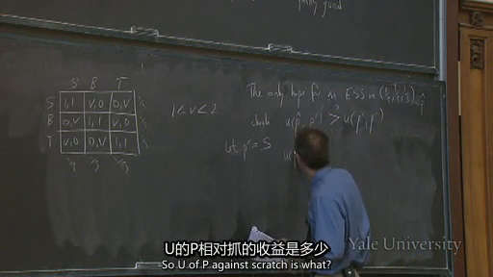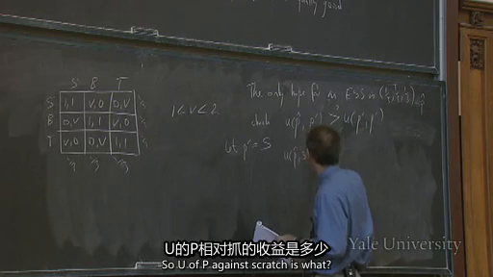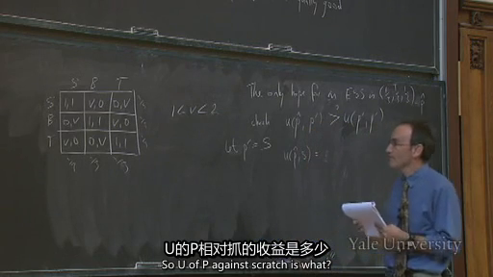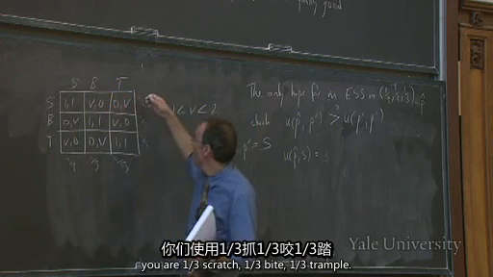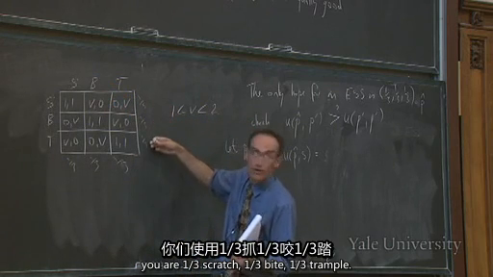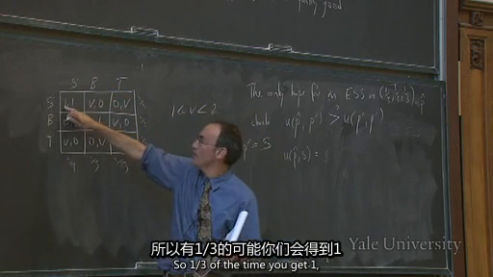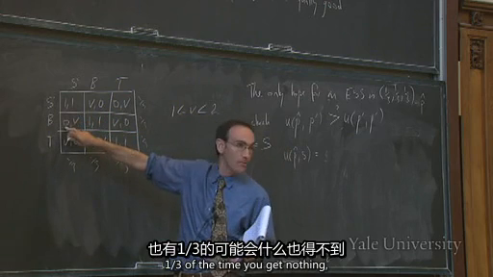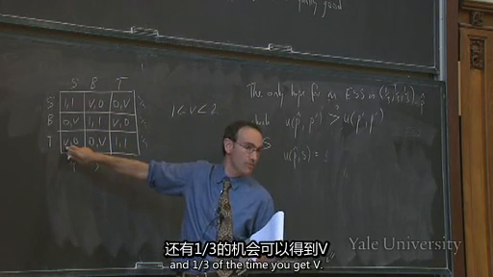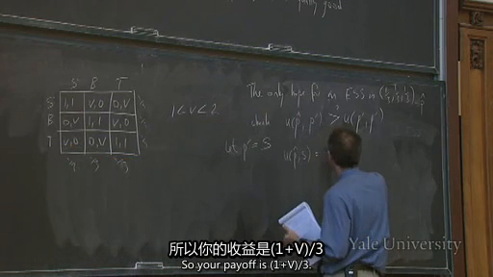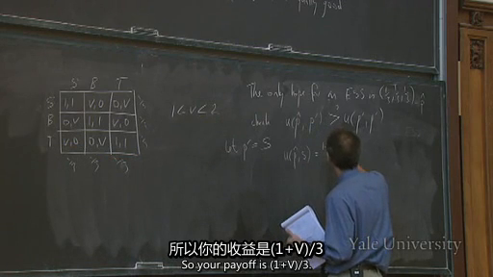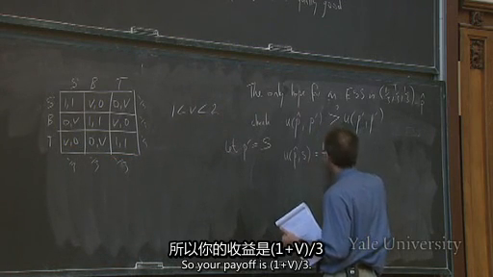So let's compare these things. U of P hat against scratch is what? Well, you're playing against scratch. You are a third scratch, a third bite, a third trample. So a third of the time you get 1, a third of the time you get nothing, and a third of the time you get V. So your payoff is 1 plus V over 3.